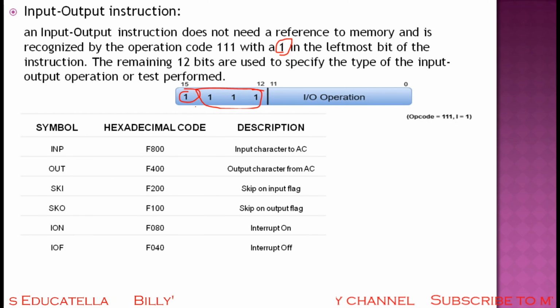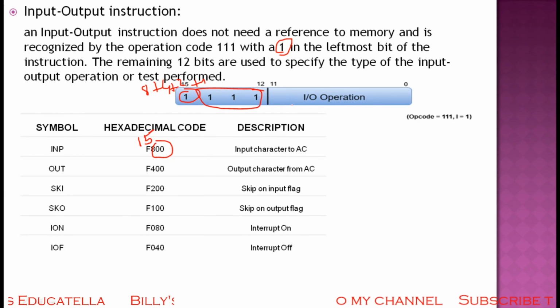Here 1 1 1 is 8 plus 4 plus 2 plus 1, which is F, meaning 15, and here 800. Here again it is divided into 3 parts.